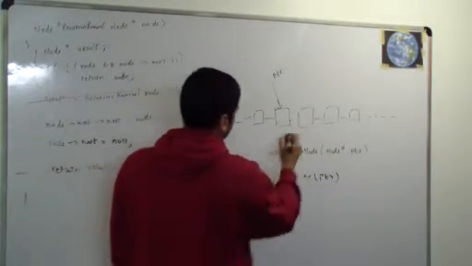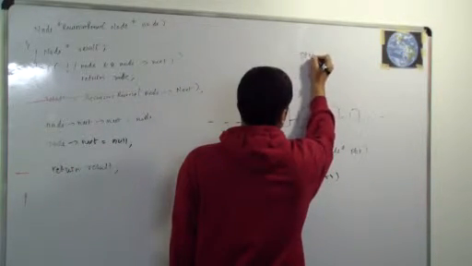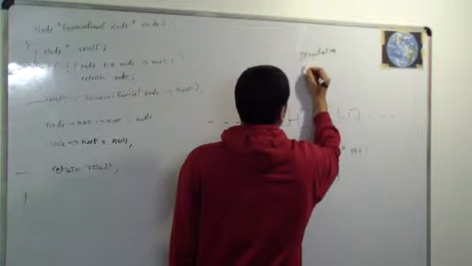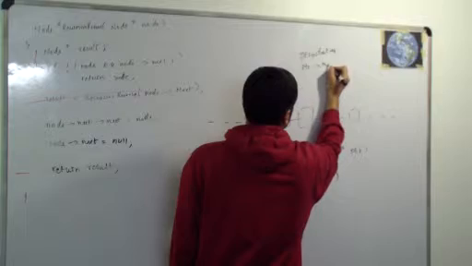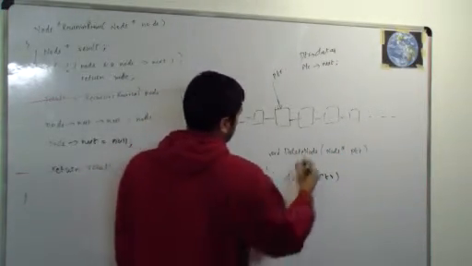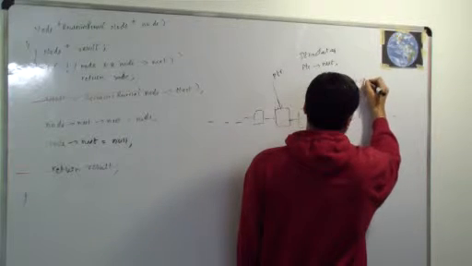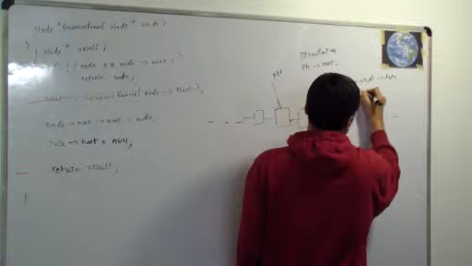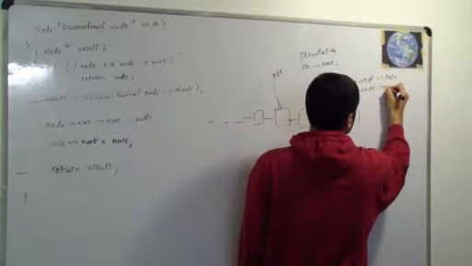So let's see, what do we have? We have pointer dot data, and pointer arrow next. If you have pointer arrow next, we have the next one. So we have pointer next data and pointer next next.